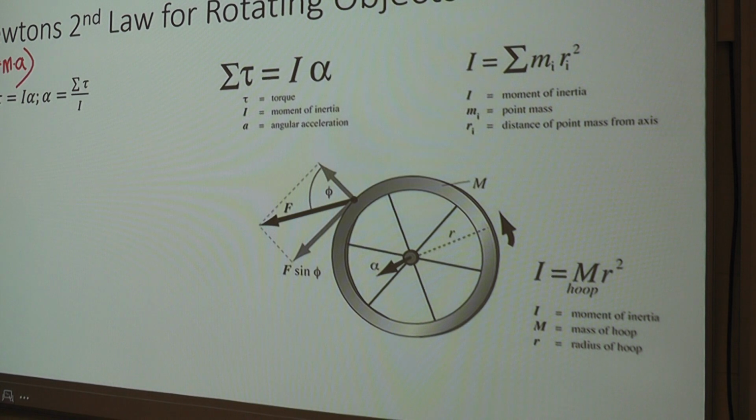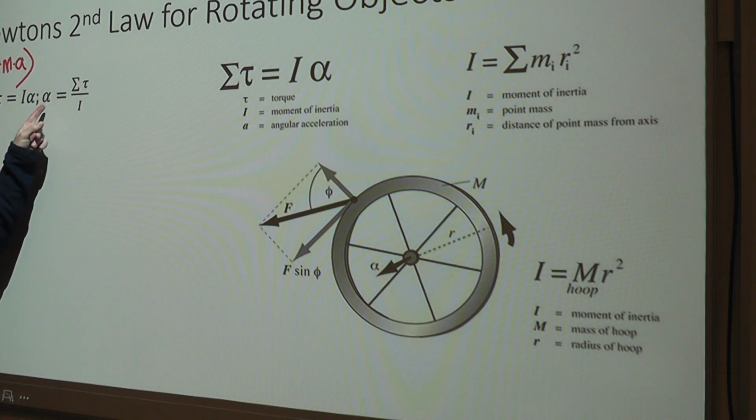If you have one torque that's counterclockwise and one torque that's clockwise, the sum of those torques will be the difference between them, right, mathematically. The sum of torques on an object, the overall torque, will equal its moment of inertia, which is angular mass, times alpha, which is angular acceleration.